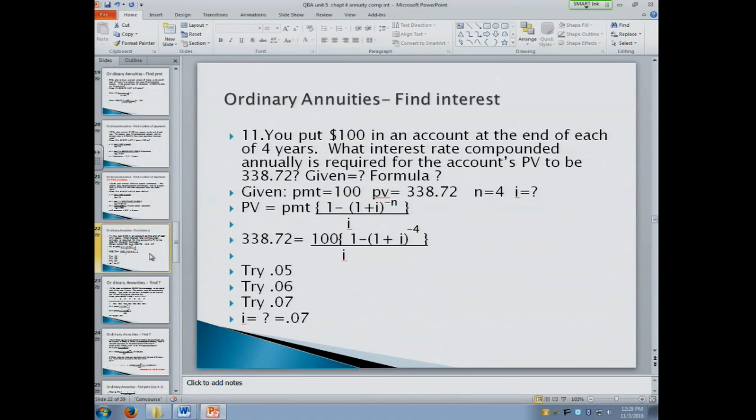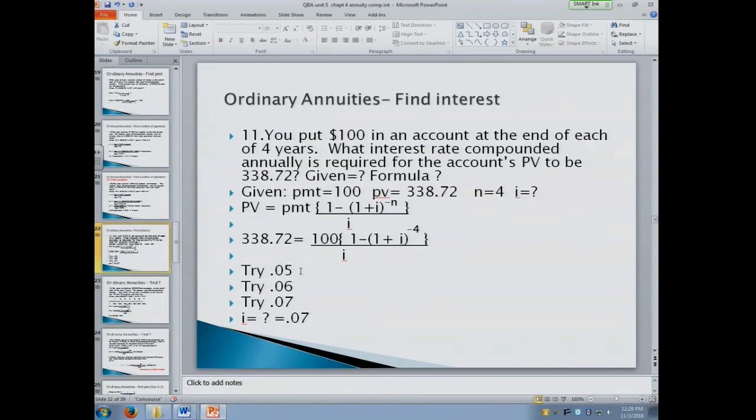Now, interest, just like when we were given future value, when you're given the present value and you want to find the interest rate, it's by trial and error. And I believe I mentioned in the first video on annuities, you start at 5%, throw it in the formula, and see if we can get $338.72.